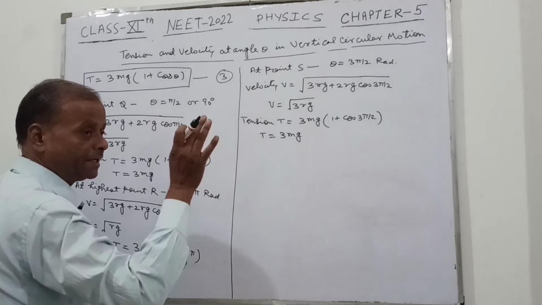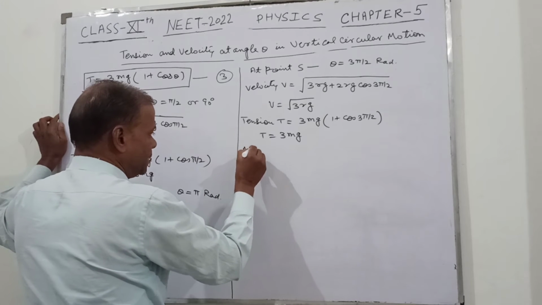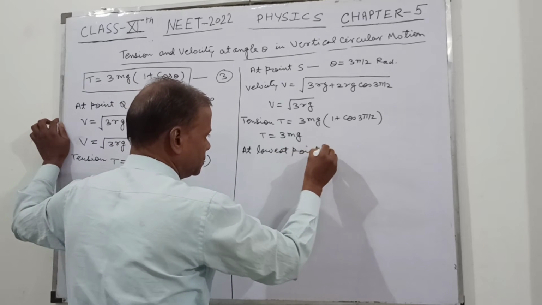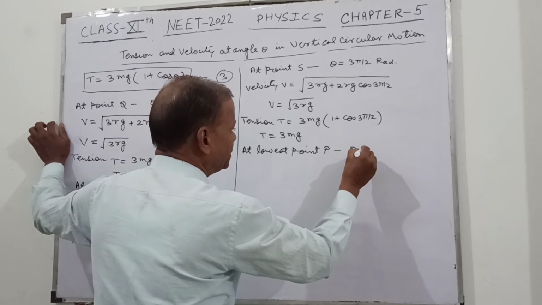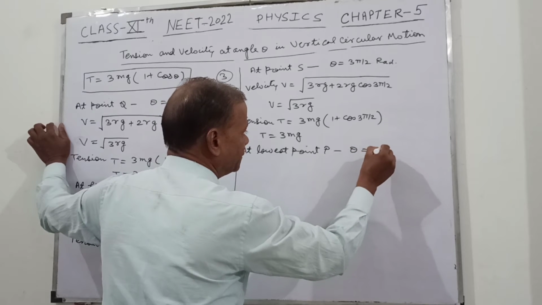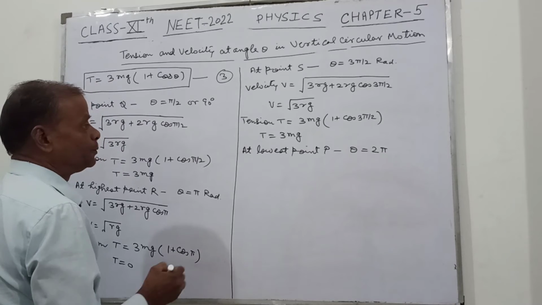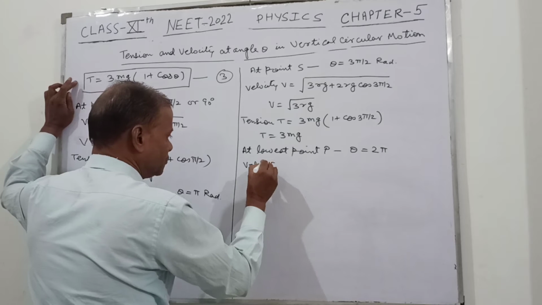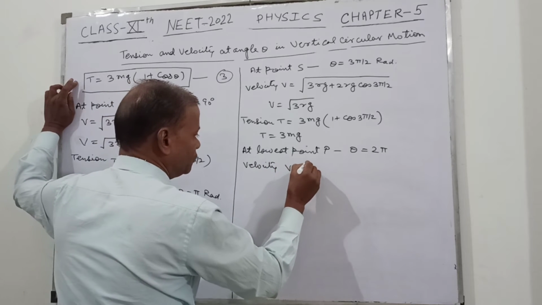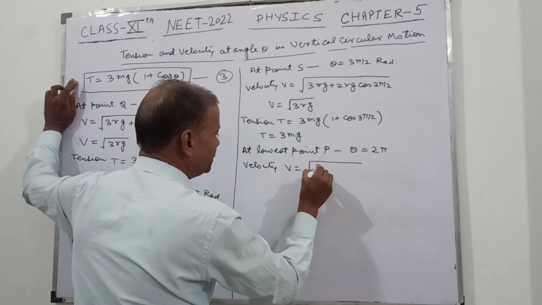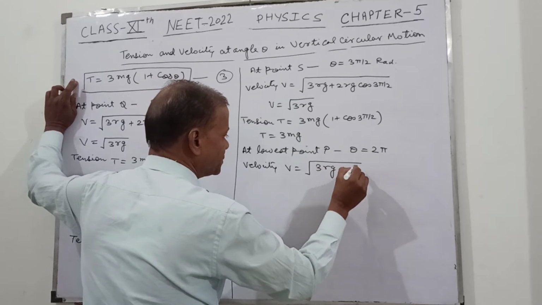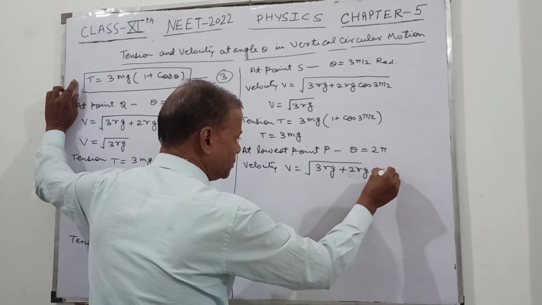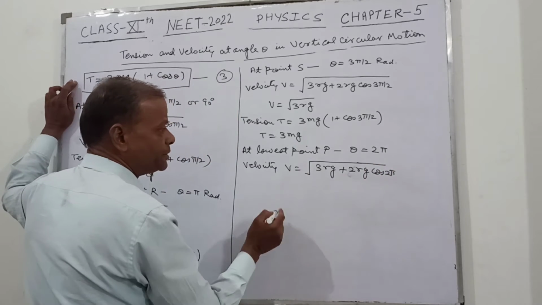And again at the lowest point P, theta is equal to 2 pi. So when theta is equal to 2 pi, then what will be the tension and the velocity? Velocity V equal to square root of 3 Rg plus 2 Rg cos 2 pi, and cos 2 pi is equal to 1.